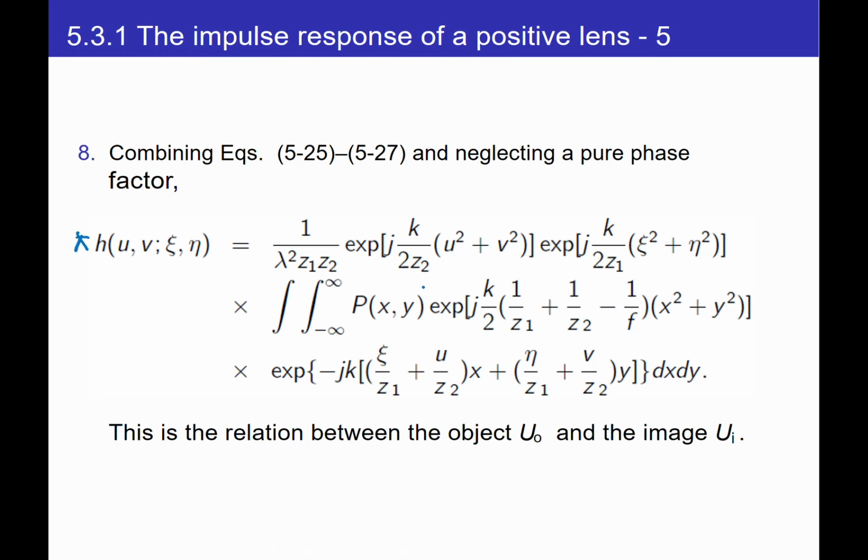It correlates the coordinates xi, eta in the object and the coordinates in the image. In doing this, we have to consider x, y, which is the lens, so we have the lens pupil function and the lens phase, and then we get these phase terms here.